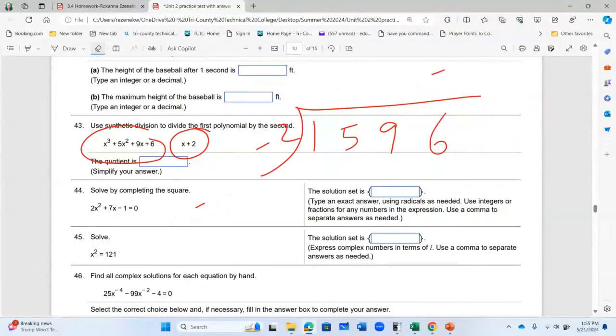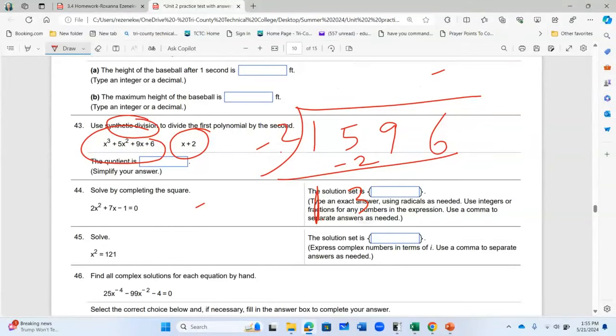Now I am going to divide. This is synthetic division. The first thing I want to do is bring down 1, multiply negative 2 by 1, and I have negative 2. Put that negative 2 here. Add 5 plus negative 2, I have 3.